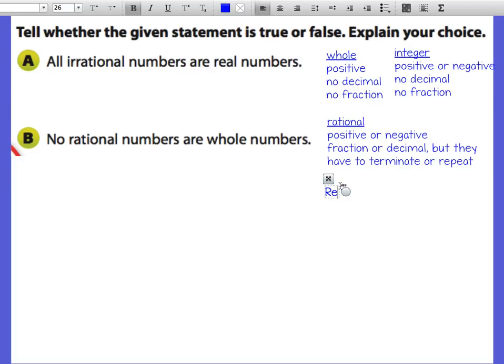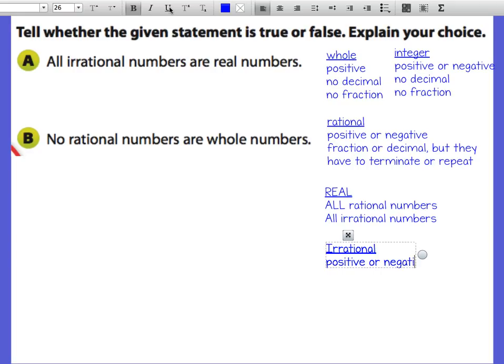Okay, and then I know real numbers are the set of all rational numbers and all irrational numbers. And then I know irrational numbers, positive or negative, have to have a decimal that goes on forever without repeating.